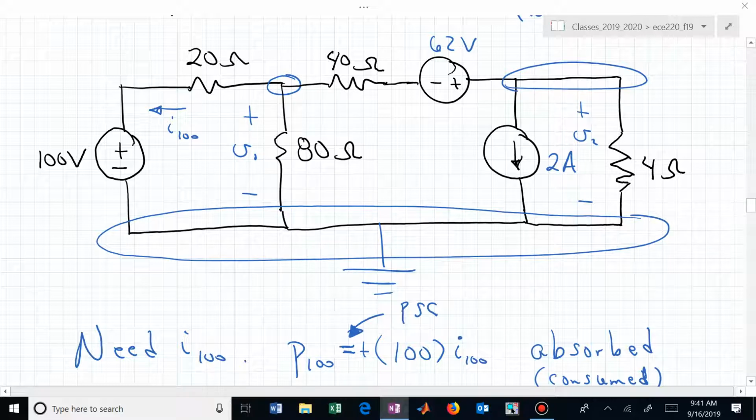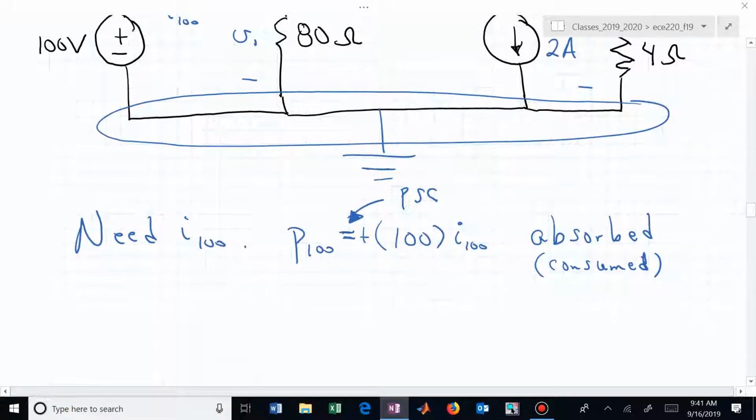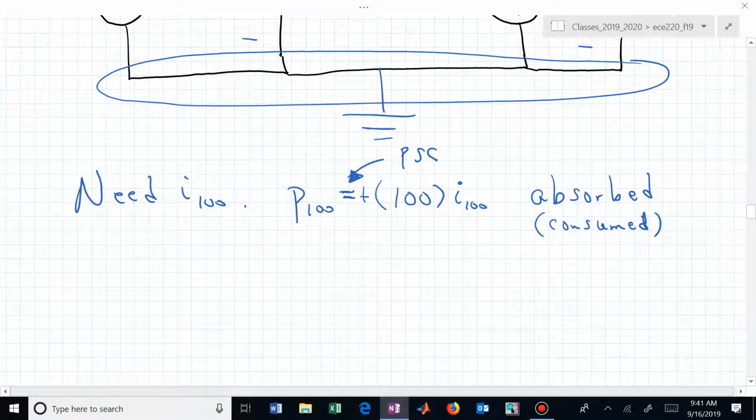If we knew V1, I could find I100 pretty fast. Wouldn't I100 be V1 minus 100 divided by 20? I just need to find V1. Well, that means I need to do some node voltage analysis. I need I100 to find the power that I'm after.